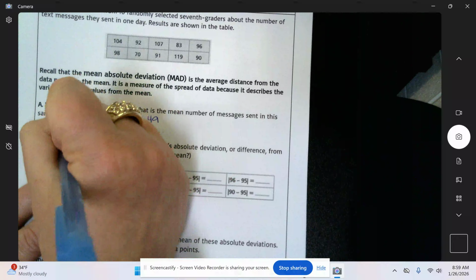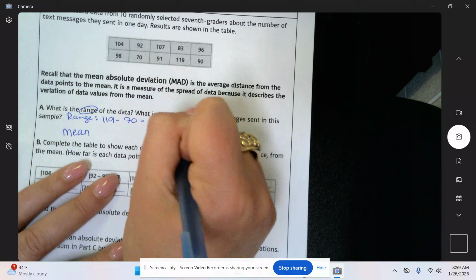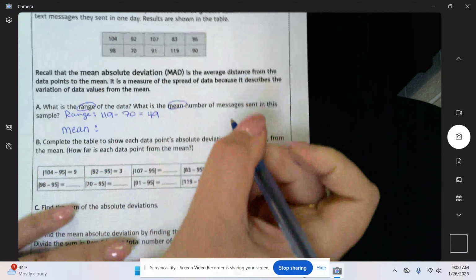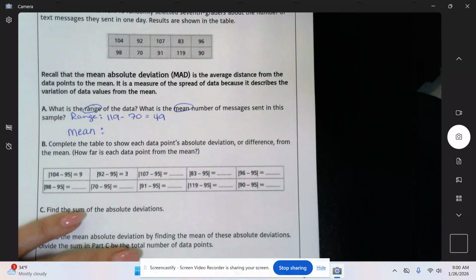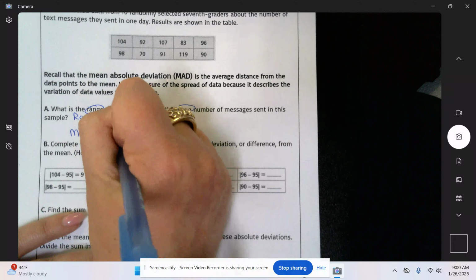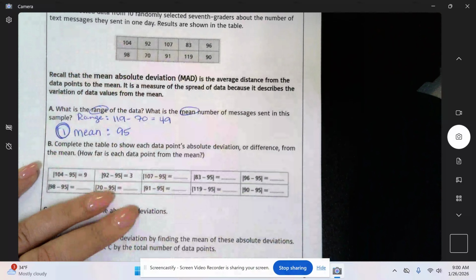To find the mean, because the next part we needed the range and we needed the mean, I don't really know why they wanted us to have the range, but if we add all those numbers up and divide, I'm not going to make us do it for time's sake, you get 95. This is the first step in finding MAD.